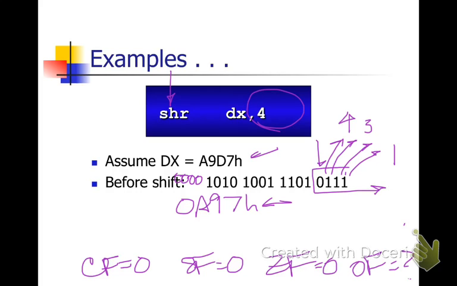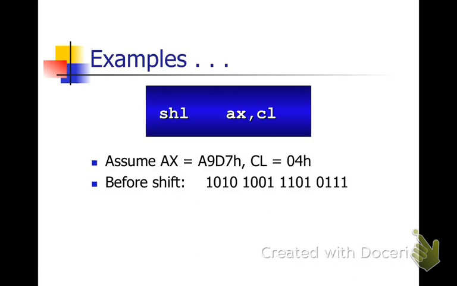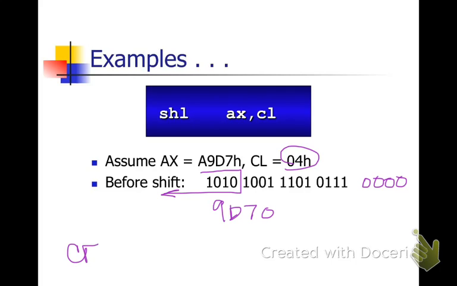All right, one more. Let's use CL as our source just to get a little practice. This one will be a logical shift to the left of AX by CL. CL is 4, so logical shift to the left. Trailing bits are always 0 filled, so my answer afterwards is 9D70. Carry flag, zero flag, sign flag, overflow flag.